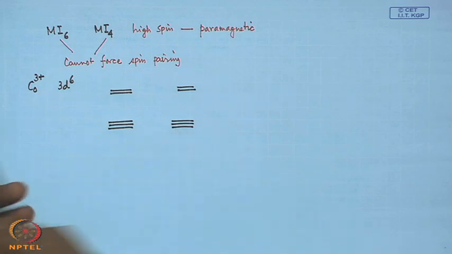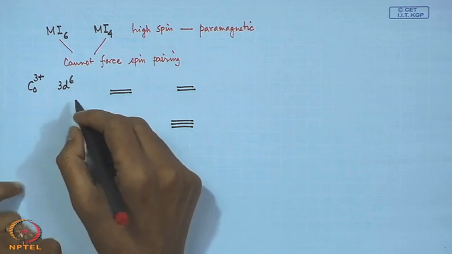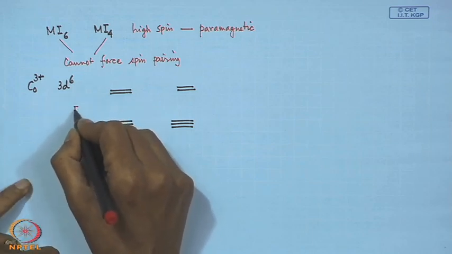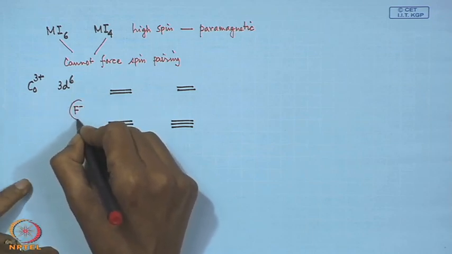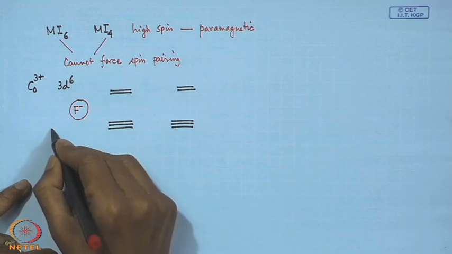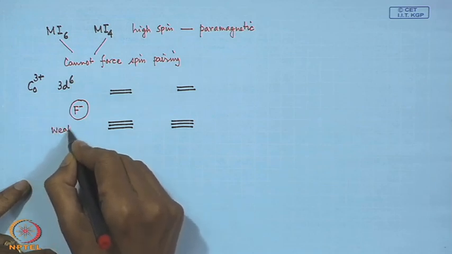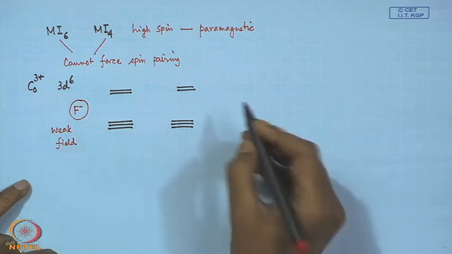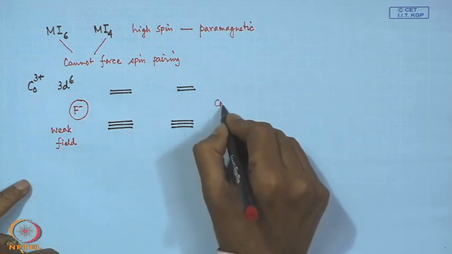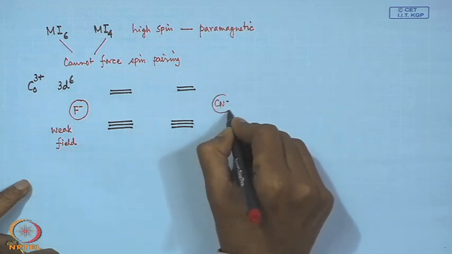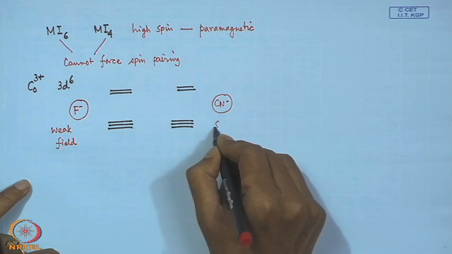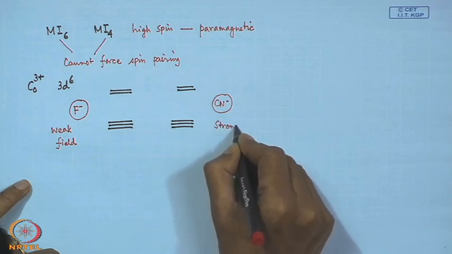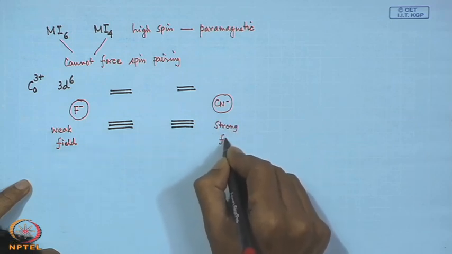In one case we have the weak field ligand, which is F minus, and in another case we have CN minus, which is strong field.